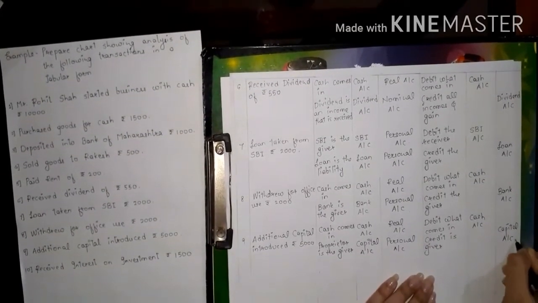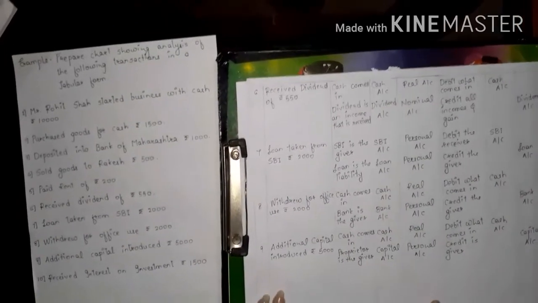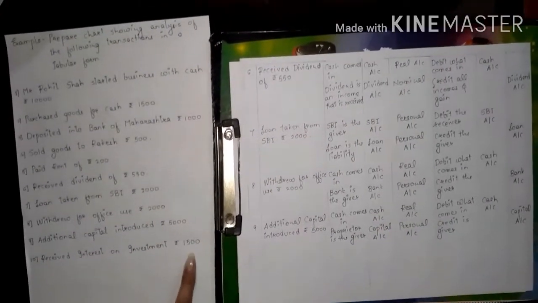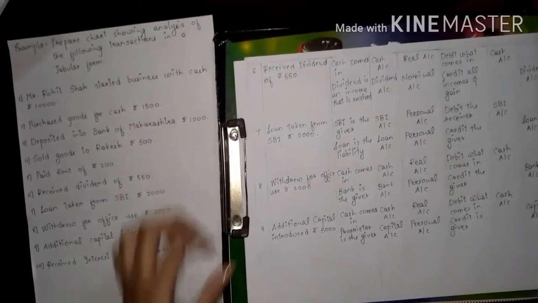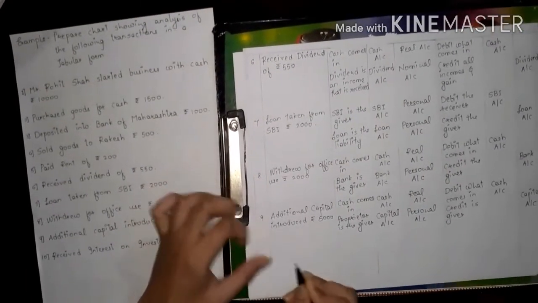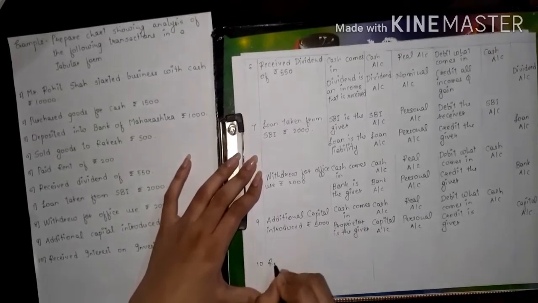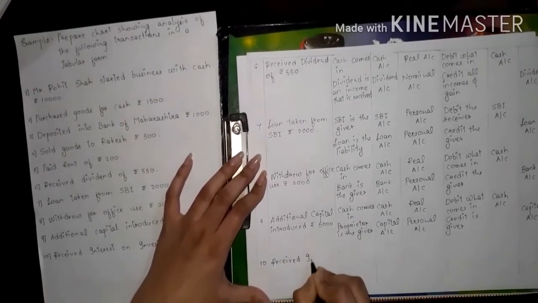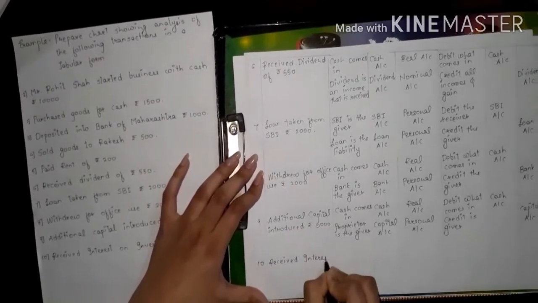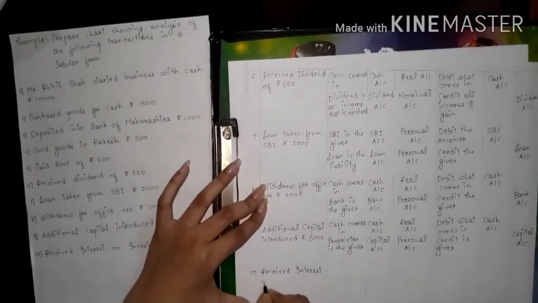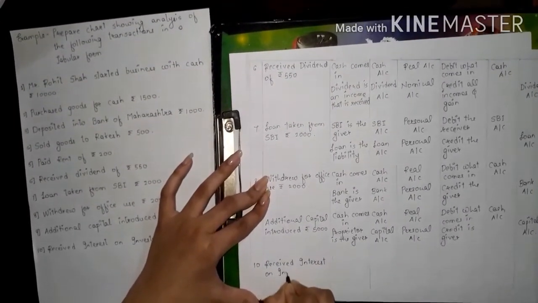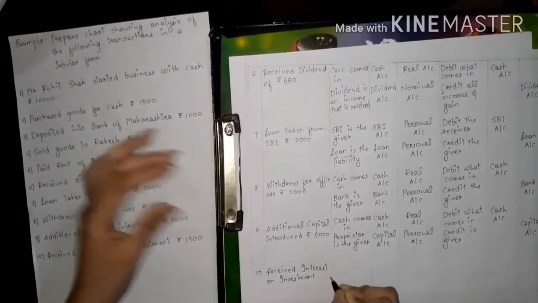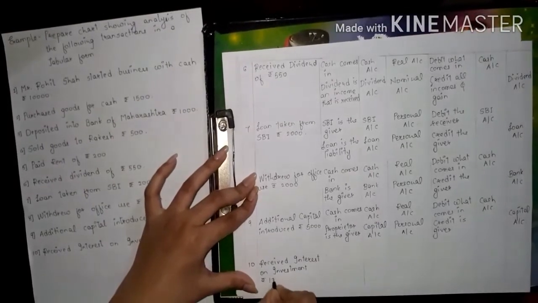Last transaction: received interest on investment rupees 1,500. We will write here: received interest on investment rupees 1,500.